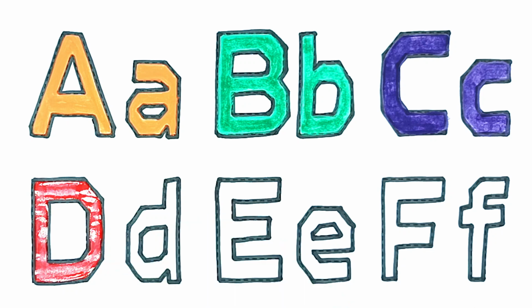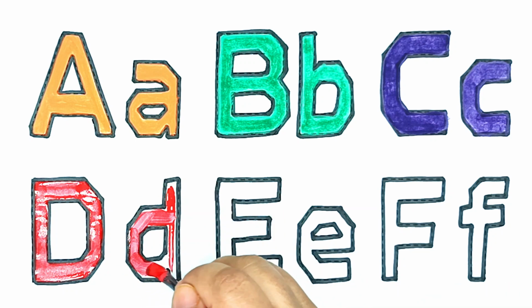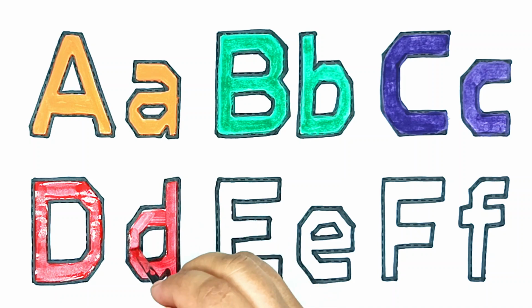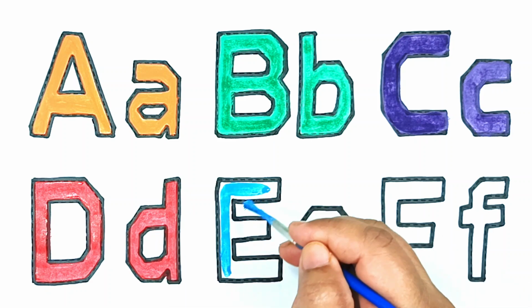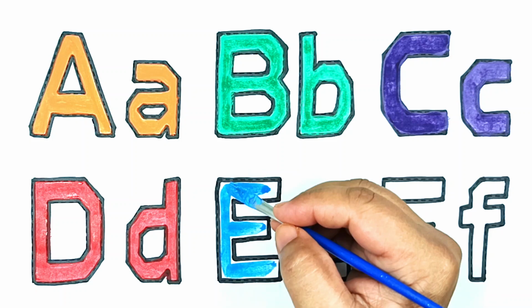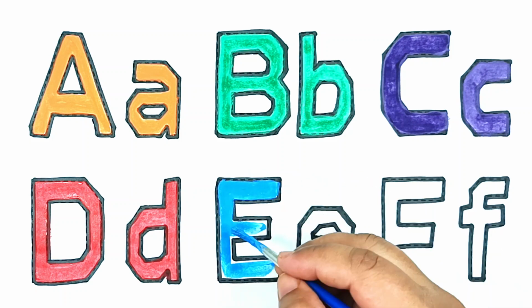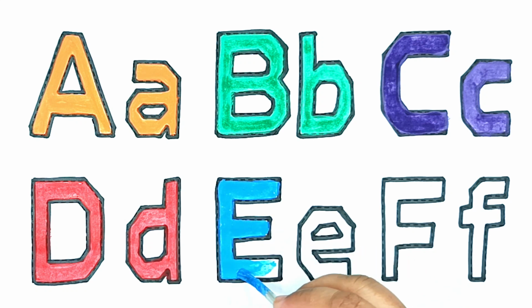D is for duck. D is for door. E is for elevator.